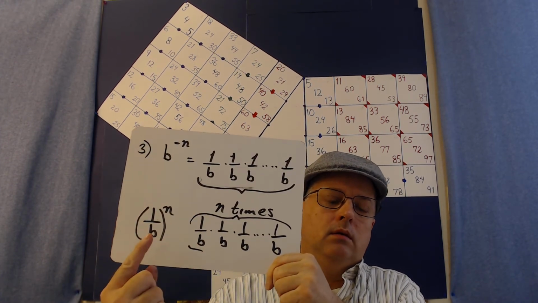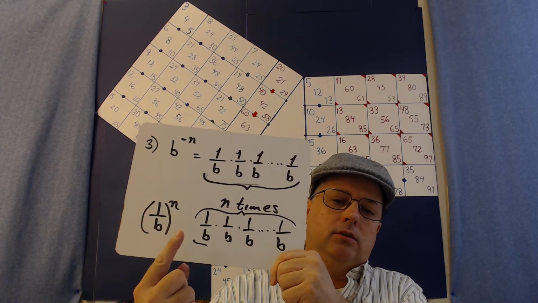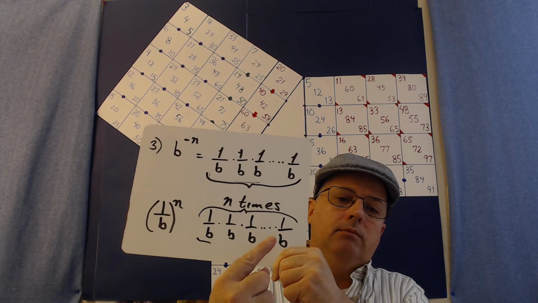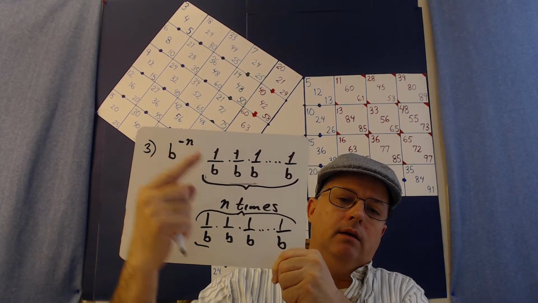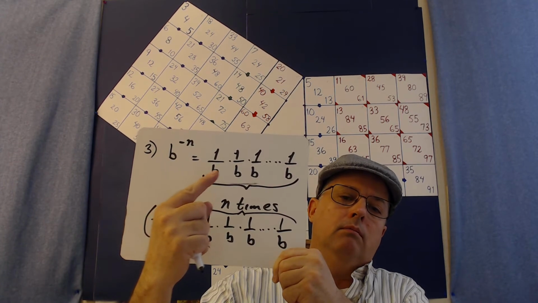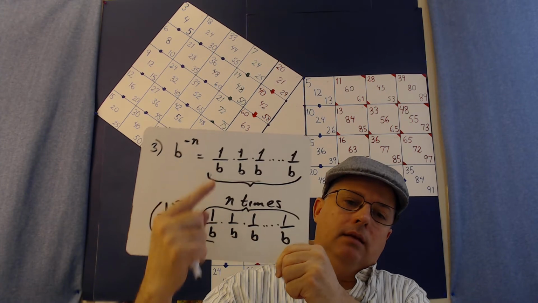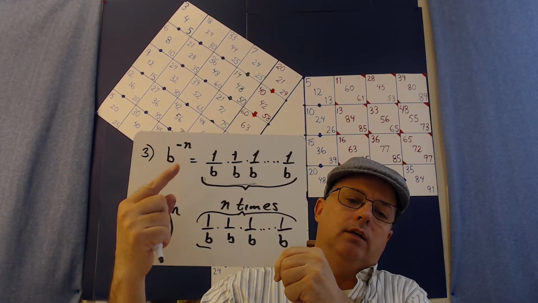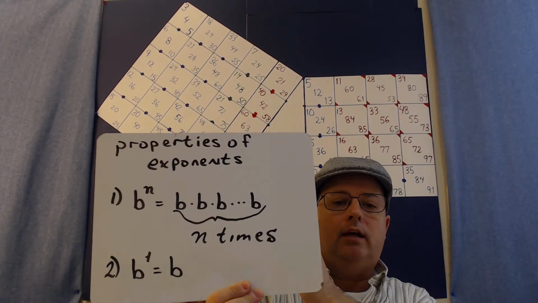So when we have b to the negative n, that's 1 over b multiplied by itself n times. A negative power is telling us to divide, and a positive power is telling us to multiply.